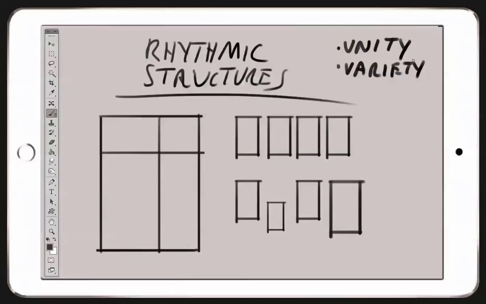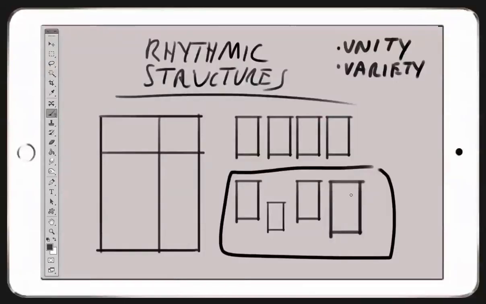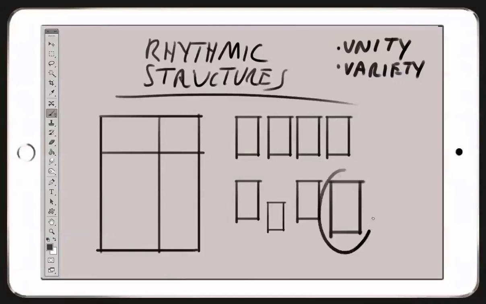But in order for a composition to be interesting, you need more than just unity, which can result in this kind of monotonous look. You also need variety. And when you look at this example, you see that kind of variety of sizes. And then if I add a different value here like that, I have variety of values.